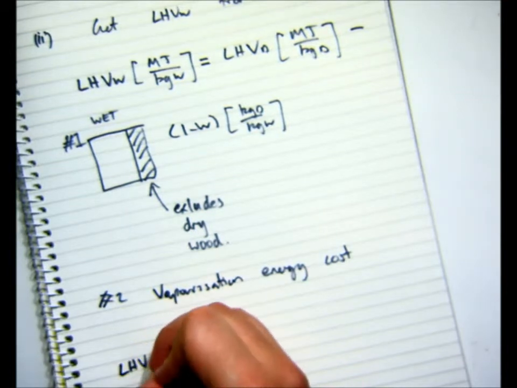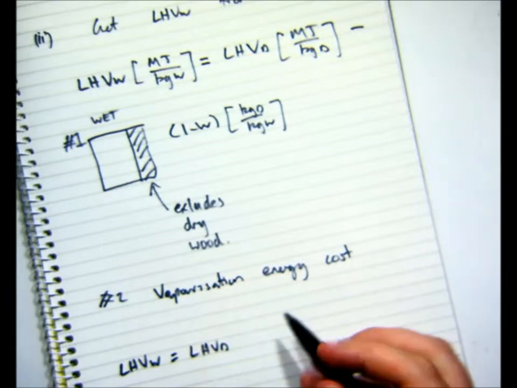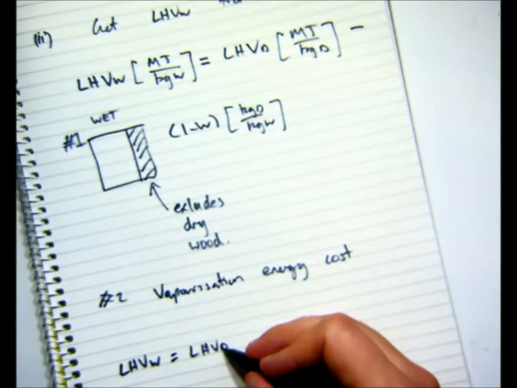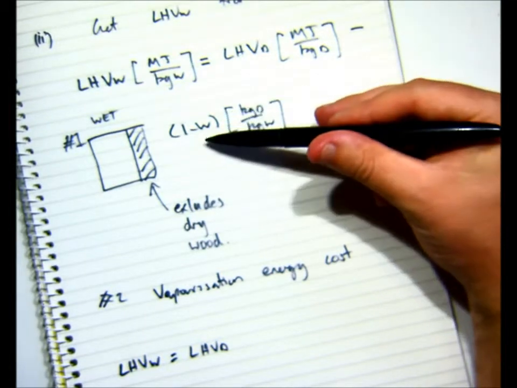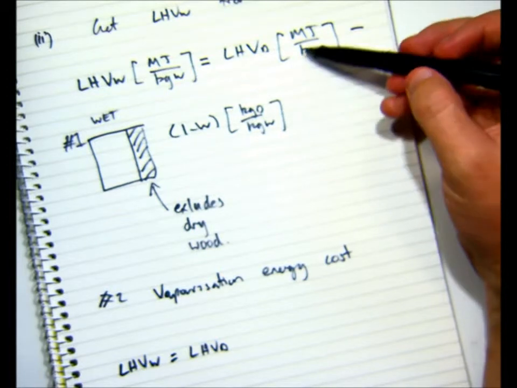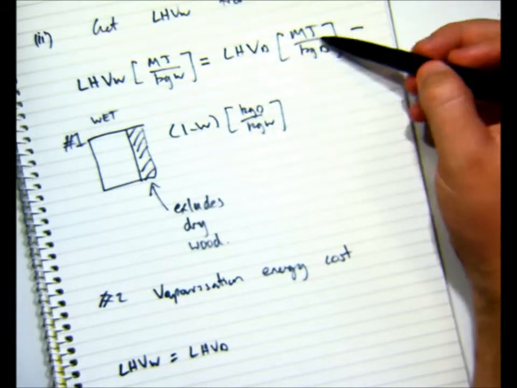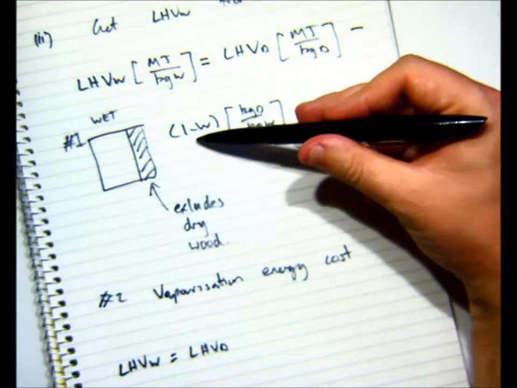So you've got LHV wet equals LHV dry, but you're going to have some term here to convert the units, but we can see the correct term is 1 minus W. So if you just look carefully, you'll see that. So we need to multiply this by something that cancels kilogram dry and replaces it with kilogram wet, which is what this will do.